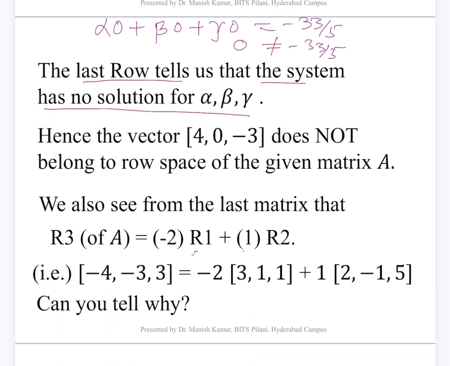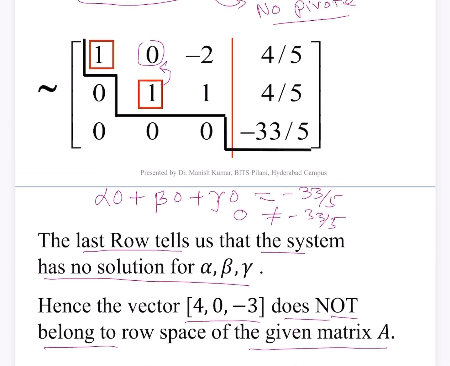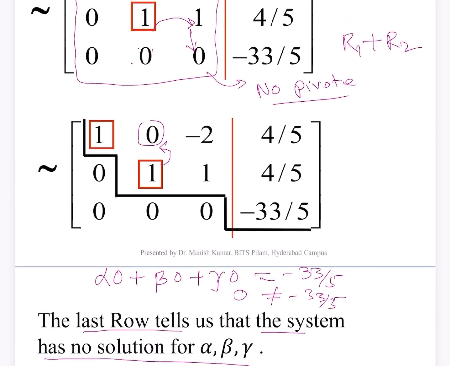It means that what we have concluded is that this vector does not belong to the row space of the given matrix A, right? And we also see from the last matrix that these two vectors are a linear combination of the third vector.